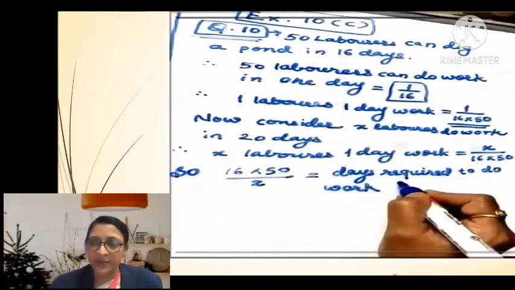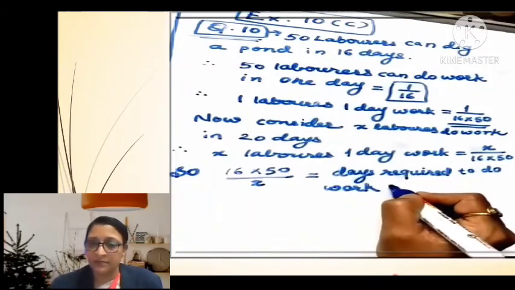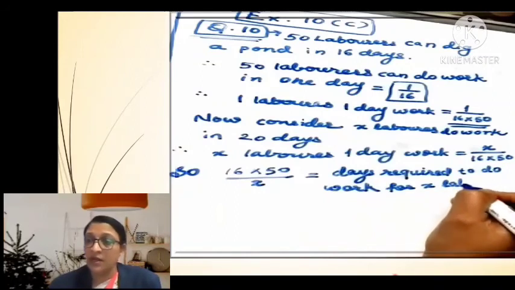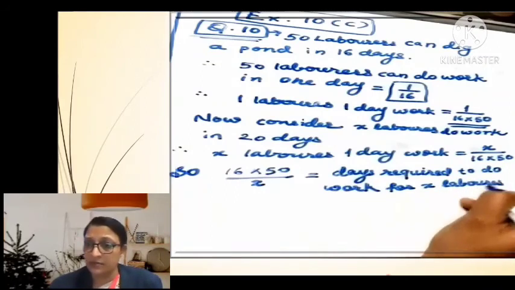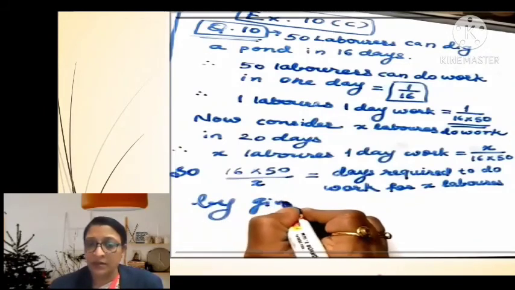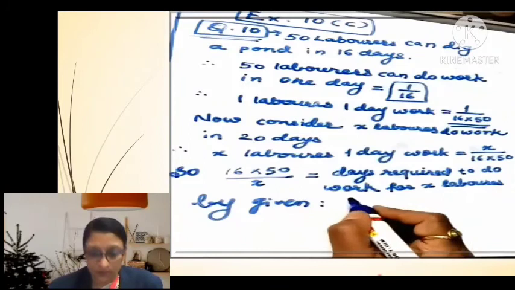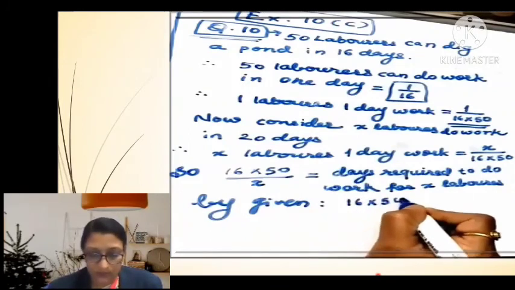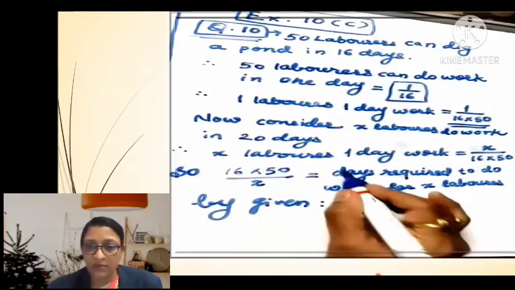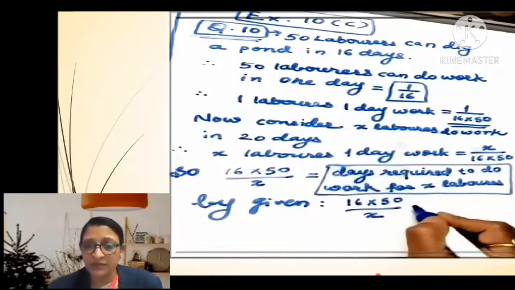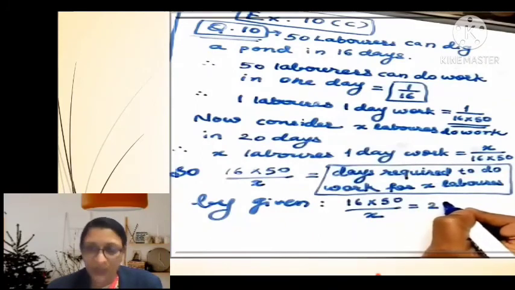Here, as per given in the textbook, and this is for X laborers, remember it. So by given, here in the example it is given, 16 multiplied by 50 upon X completes the work in how many days? 20 days.